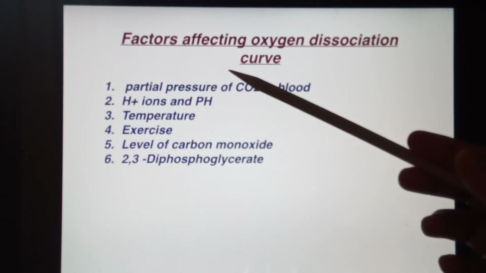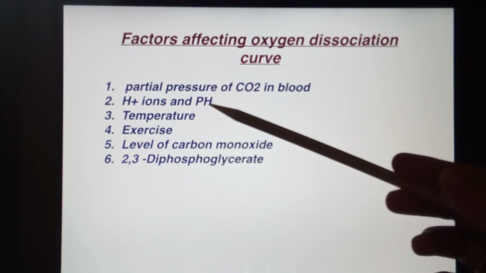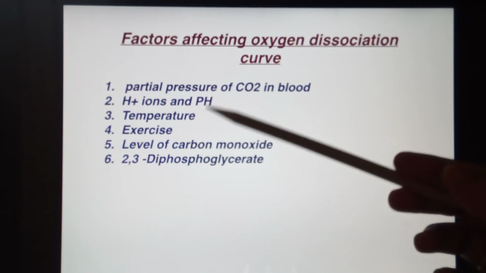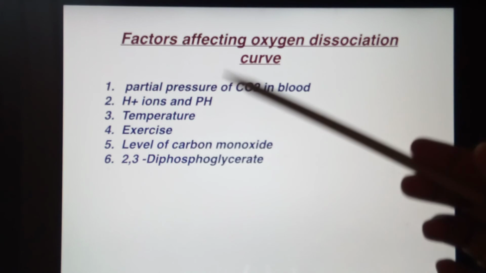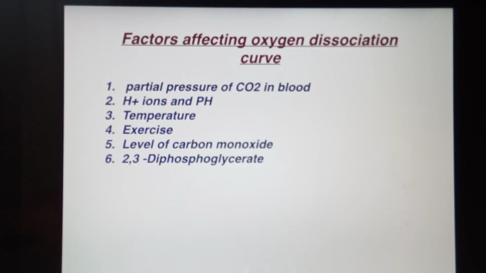Temperature: when temperature increases, hemoglobin does not attach with oxygen, meaning the percentage of oxyhemoglobin goes down. And exercise: when we exercise, more oxygen is released from the hemoglobin. Then the level of carbon monoxide: when carbon monoxide increases, the oxygen dissociation curve shifts to the right.